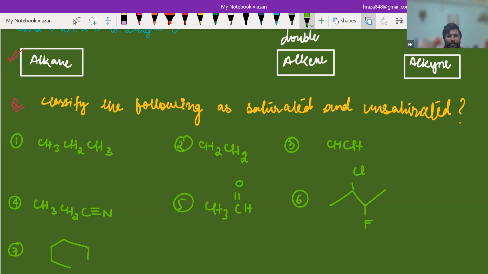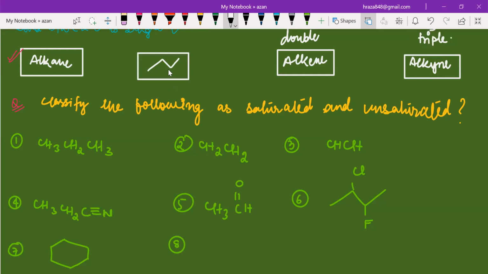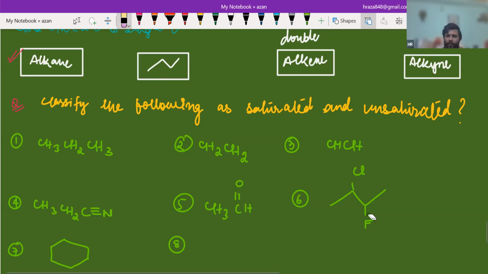You know the bond line structural formula, yes or no? Yes, sir. Very good. BSF, you know this. What is this? How many carbon present in this? Azaan, how many carbon present in this? Sir, 2. Okay, you don't know the BSF.